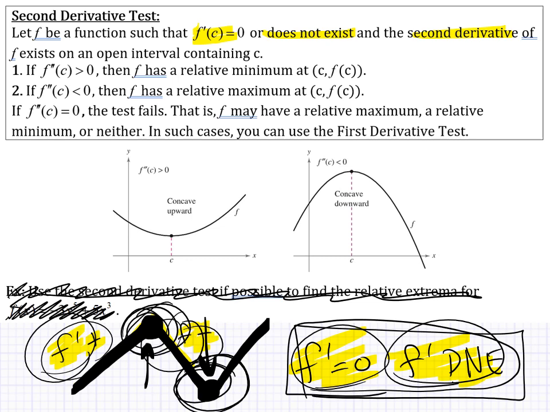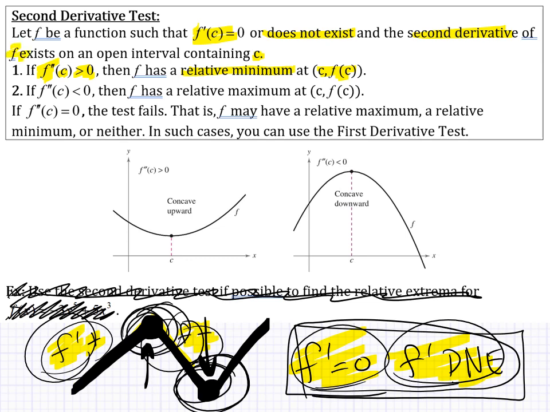What this says is that if we take a critical number from the first derivative, and let's call that c, c is a critical number from the first derivative. And we plug c into the second derivative, and it is greater than 0, which means we get a positive answer, then that critical number will result in a relative minimum as long as that point exists.